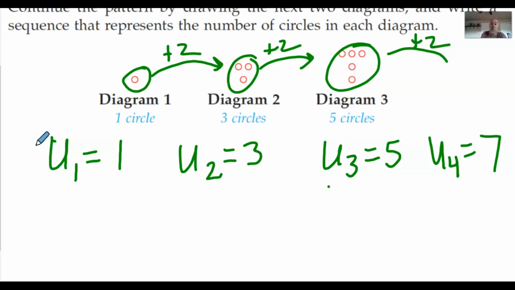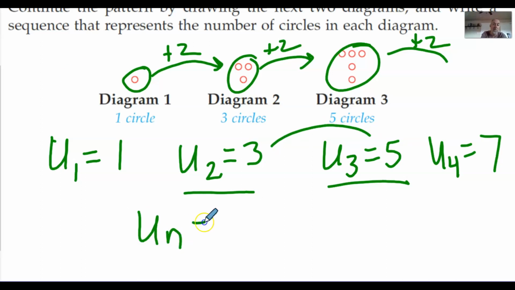So I can figure out the third term in this sequence by knowing what the second term is and adding 2. And you can write that out in this way. U sub n, that's the nth term of this sequence, is always going to be the one right before it, U sub n minus 1, plus 2.